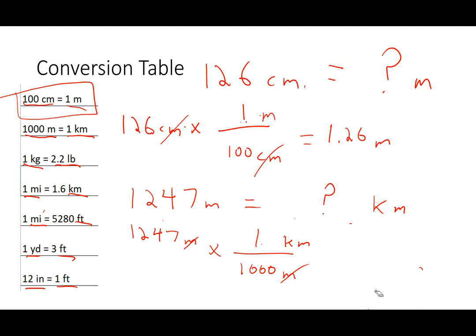And if I were to put this into the calculator, it would be 1,247 times 1 divided by 1,000. So that's 1.247 kilometers. Again, I did 1,247 times 1 divided by 1,000.